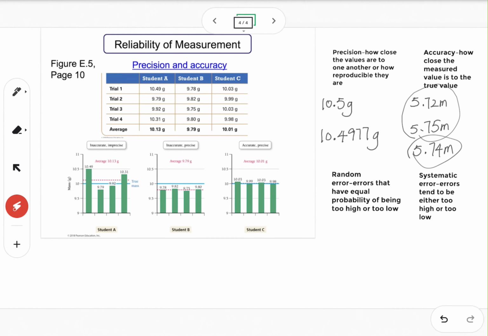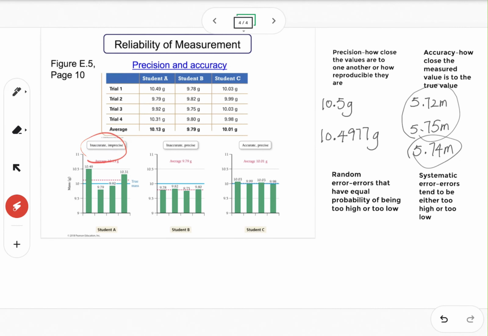So how do you evaluate these 3 students by using precision and accuracy? We have to discuss that first. For student A, as you notice, the 4 data points are not very close to the true mass, so they are not accurate, and all 4 of them are quite different from one another, so they are not precise.